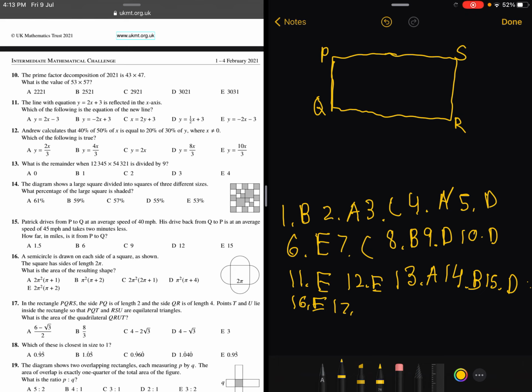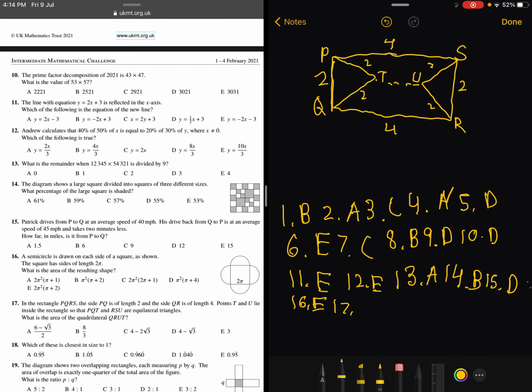We also know this is 2, this is 4, and we know that there are points T and U such that these are equilateral triangles, so they all have side lengths of 2. So we need to find the area of quadrilateral QRUT, which is up till here.